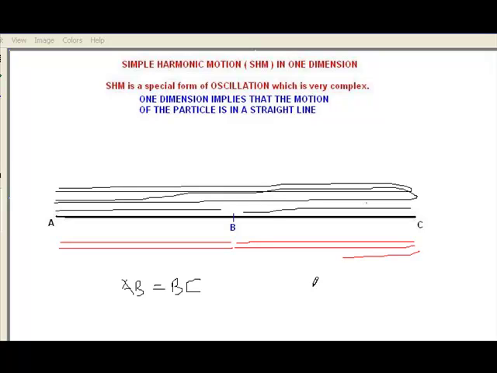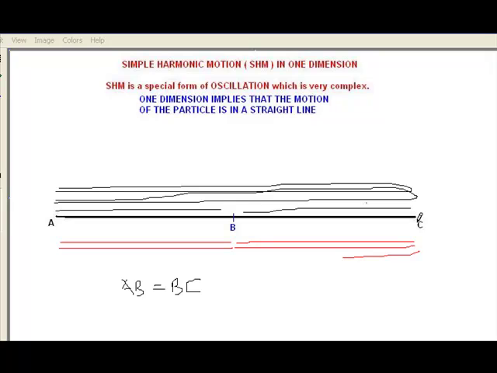Okay, we'll continue. Now, another interesting fact which we will observe is that we need to time it very carefully. As it moves from A to B, its speed becomes maximum at point B. All right, and as it goes from B to C, as I mentioned earlier, its speed decreases until it becomes zero here.